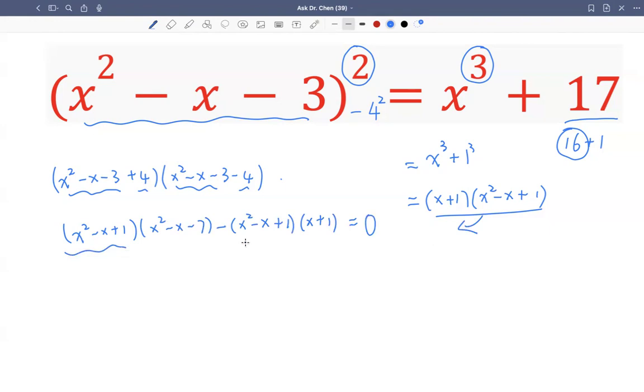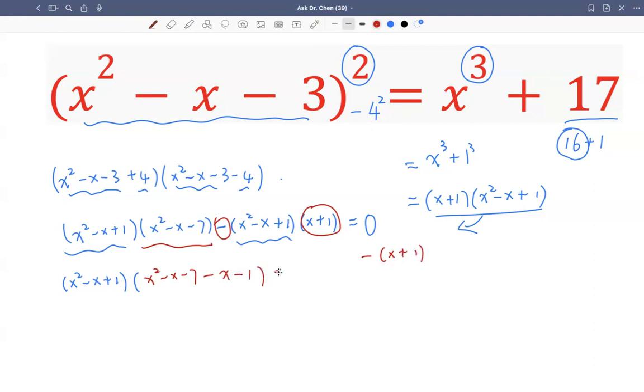So we have constructed a common factor of x squared minus x plus 1. Let's factor that out. Then the first term we are left with, let me change my color, is x squared minus x minus 7. Then minus the second one, we have this left, minus x plus 1. This minus will change the sign of x, and will change the sign of 1 also.